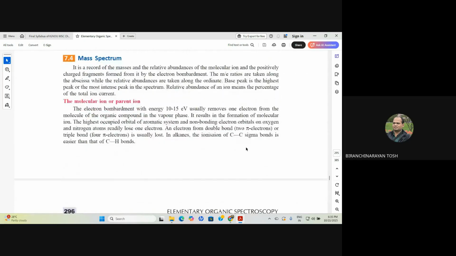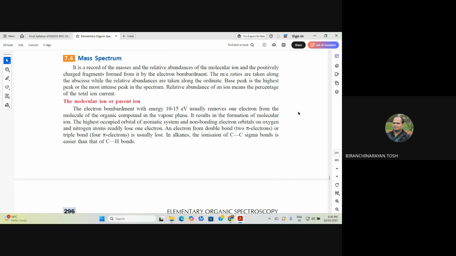Then the molecular ion or parent ion: electron bombardment with energy of only 10 to 15 electron volt usually removes one electron from the molecule of the organic compound in the vapor phase. It results in the formation of the molecular ion.